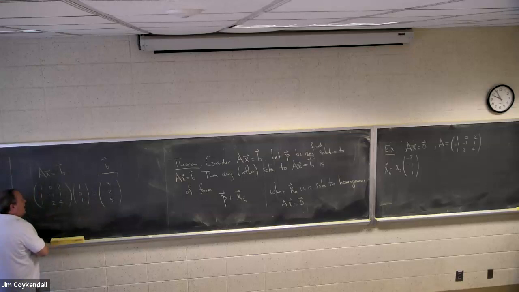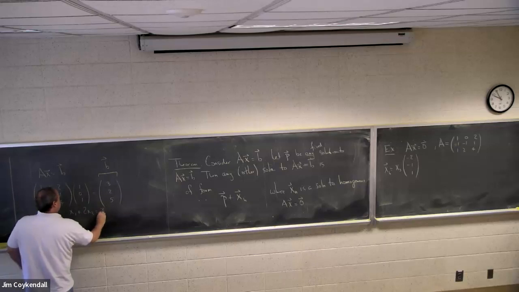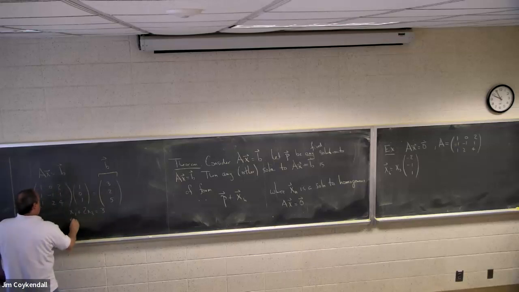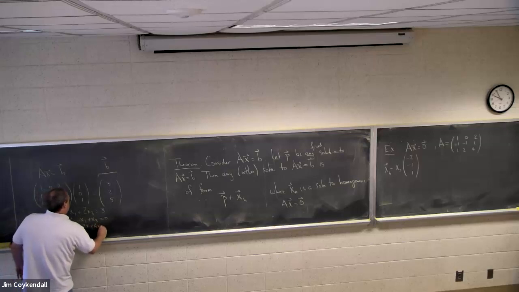Everybody agree with that? This is also the system x1 minus x2 plus x3 is 0, and x1 plus 2x2 plus 4x3 is equal to 5 times 0.